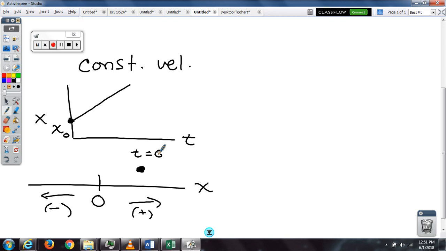Now, the slope tells us the velocity. And because it's a line, that means there's only one velocity to worry about. And so on our motion map here, what we could use is an arrow that is pointing to the right. And after a certain period of time, the object is at a new position.